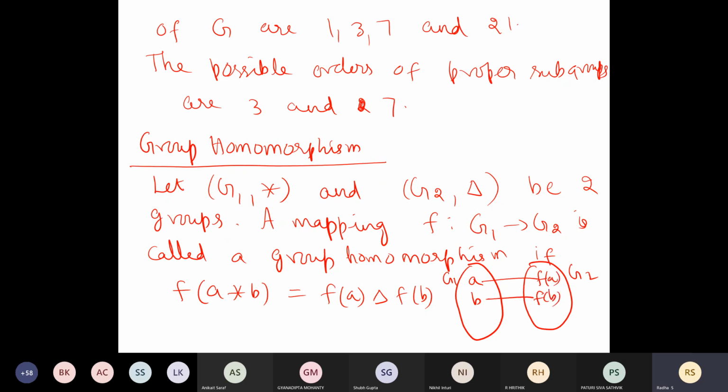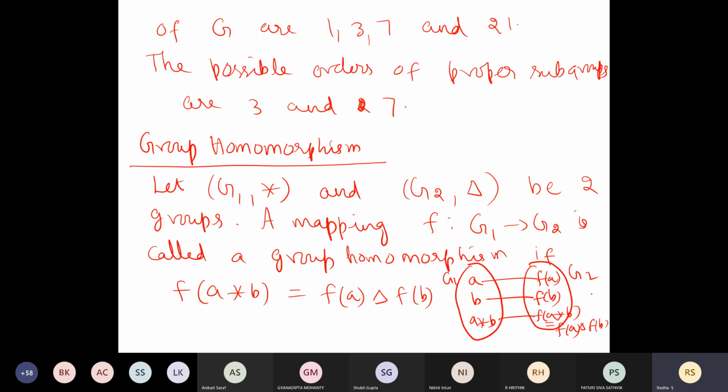I hope you understand this. a will be mapped onto f(a), which is an element of G2. b will be mapped onto f(b), an element of G2. So where will a star b be mapped? It should go to f(a star b). And what is that in terms of f(a) and f(b)? It is nothing but f(a) delta f(b).